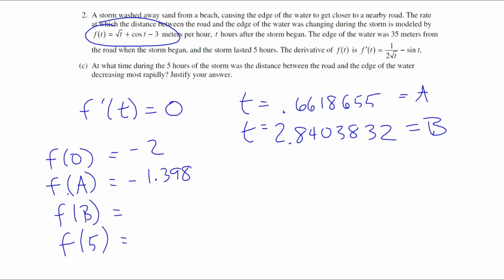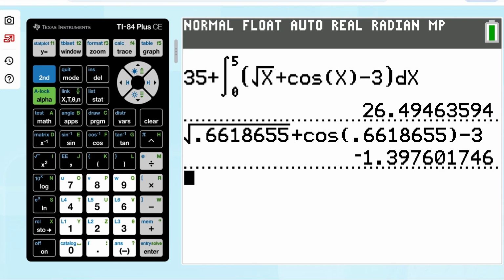And then we'll do that for b. So we'll do the square root of our value of b, which was 2.8403832.